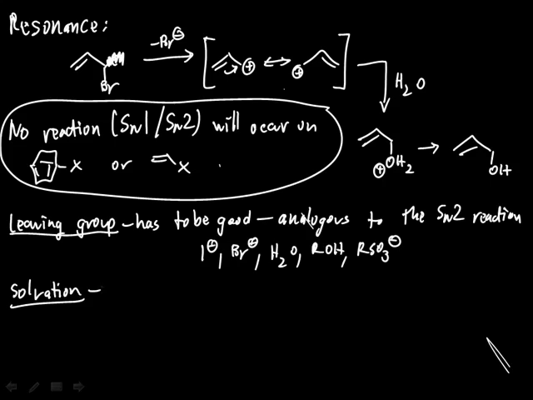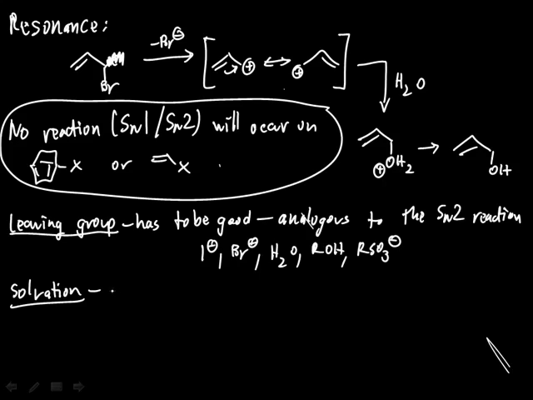Finally, when we talk about solvation, here we have the opposite effect. Unlike the Sn2 reaction, where our cations and anions were important at the beginning of the reaction, when they served as nucleophiles to attack our substrate, in this case, our cations and anions are formed at the end of the rate determining step, and so they need to be stabilized.